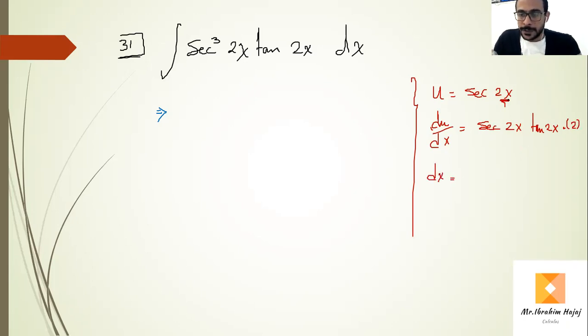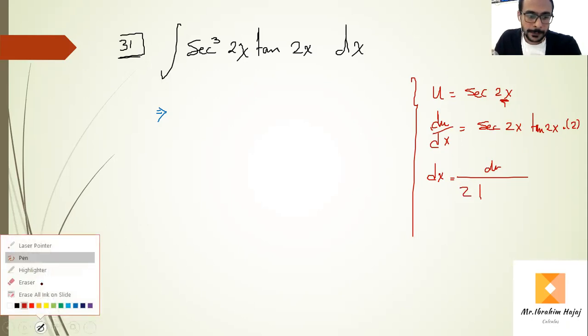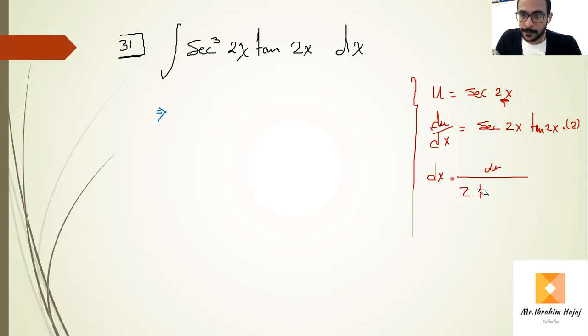So the derivative of secant 2x is 2 times secant 2x tan 2x, and that equals du over dx.